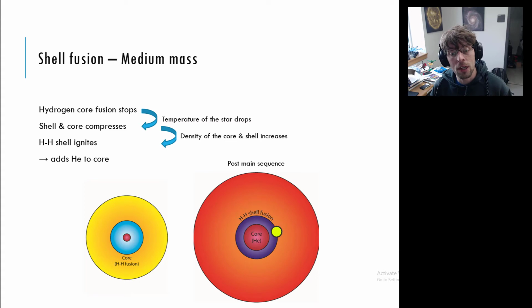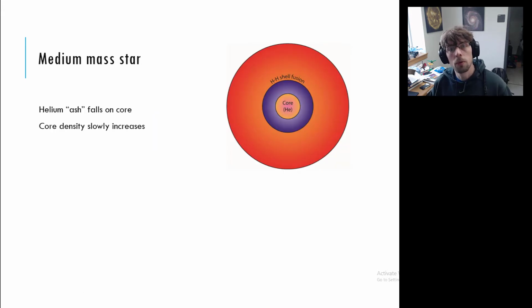While this hydrogen-hydrogen shell fusion is going on, you are generating more helium. And for simplicity, I will say that helium that gets generated is added to the core. So we are in the shell fusion stage, and we're adding helium ash to the core.